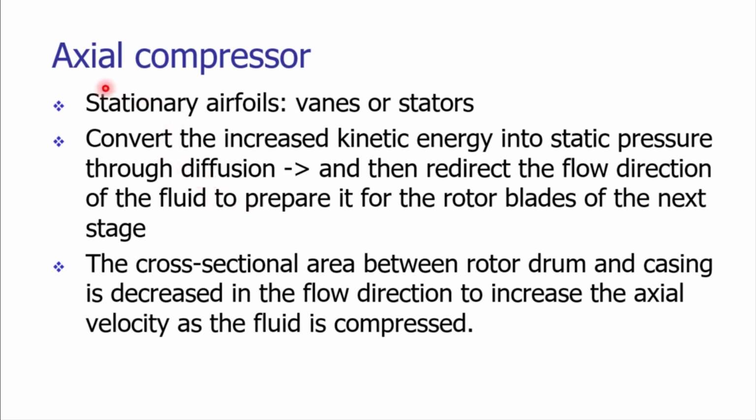Basically the axial compressors are converting the increased kinetic energy into static pressure through diffusion, and then they are redirecting the flow direction of the fluid to prepare it for the rotor blades of the next stages. The gap between a fixed row of impellers and the rotating row of impellers is called a stage.